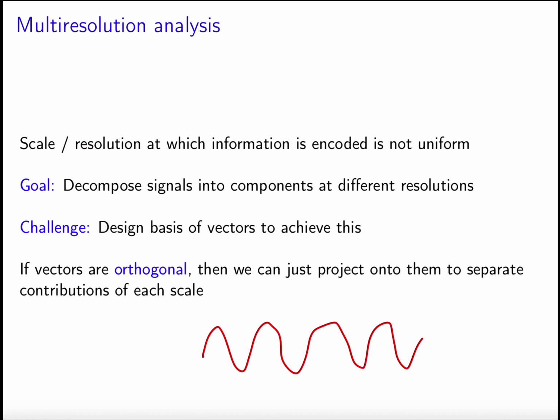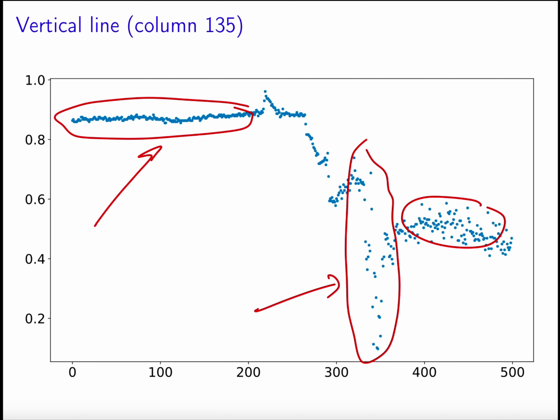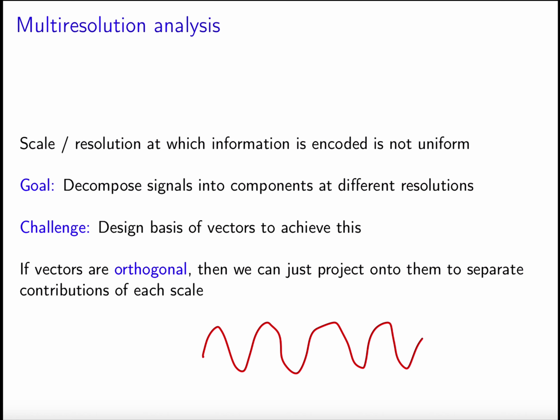So they are, first of all, not localized in space, so we're not going to be able to make a difference between different parts of the image or the signal that we're interested in. And second of all, there is a bit of a concept of scale in the sense that higher resolutions capture finer scales, so there is that. But the problem is that we're not localized in time.